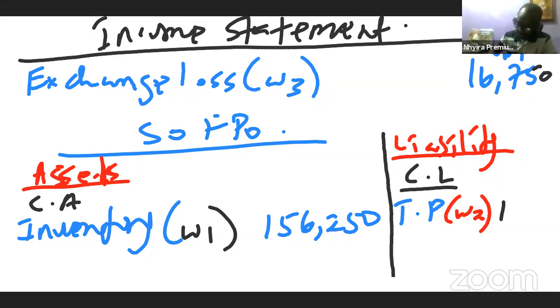And I think we had 173,000. So this is it. Remember, if you do the workings without extracting the financial statement, you will not get the full marks in relation to that.